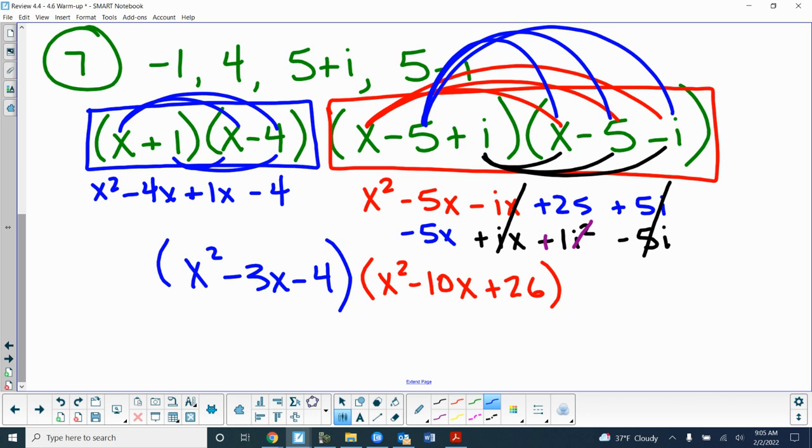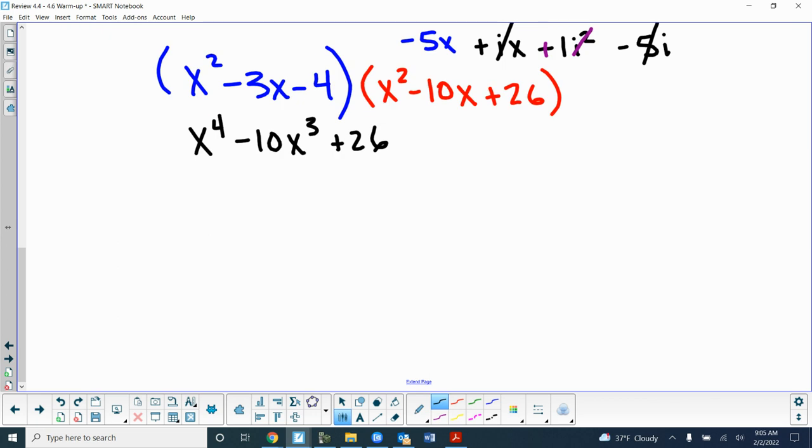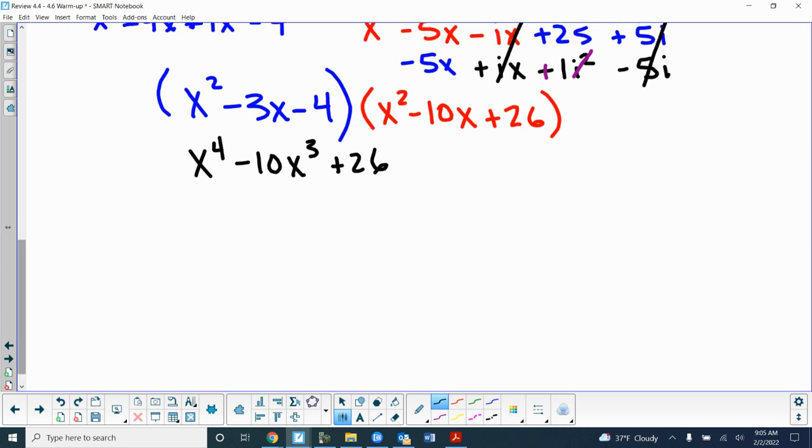Okay? So we have x squared times x squared. x squared times negative 10x. And x squared times 26. Okay? So there's 3 of the 9 we're going to get. And then negative 3x times x squared is negative 3x cubed.